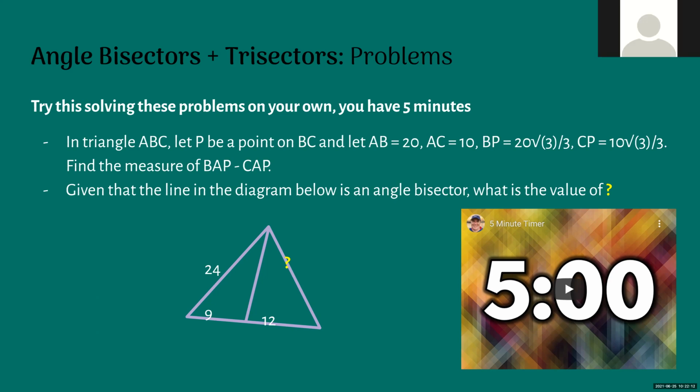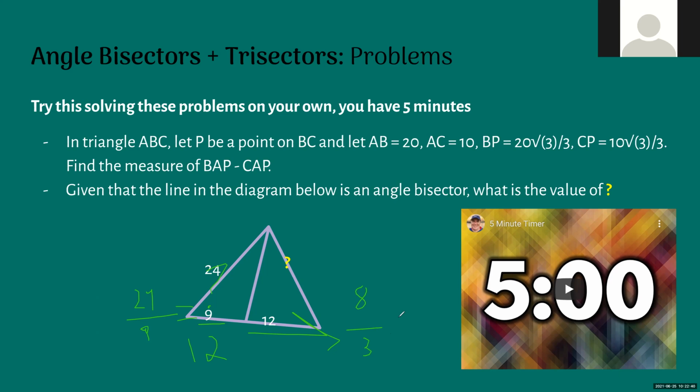Since AB over BD equals AC over CD, 24 divided by 9 equals question mark divided by 12. So you can continue. 24 divided by 9 simplifies to 8 divided by 3.